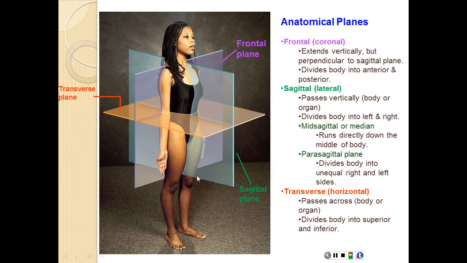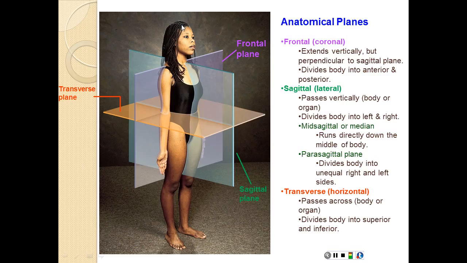Okay. Now when we look at it, the body's not always divided into equal left and right sides. Sometimes we'll have a mid-sagittal or median sagittal plane, and that's the one that's going to run directly through the middle of the body.